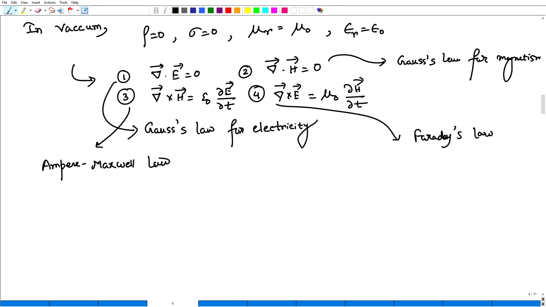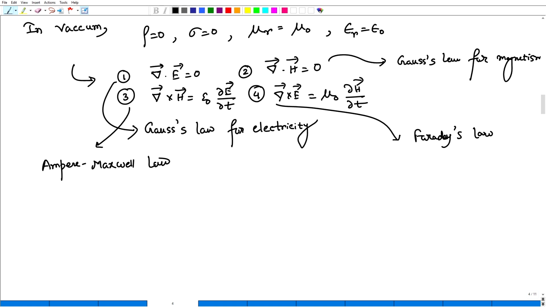If the divergence is 0, that means there is no source essentially. If there is any source in vacuum, then only the electric field and magnetic field will be produced if the divergence is non-zero. But here from the first and second equations the divergence is 0, which means there is no source in vacuum which produces the electric field and magnetic field.